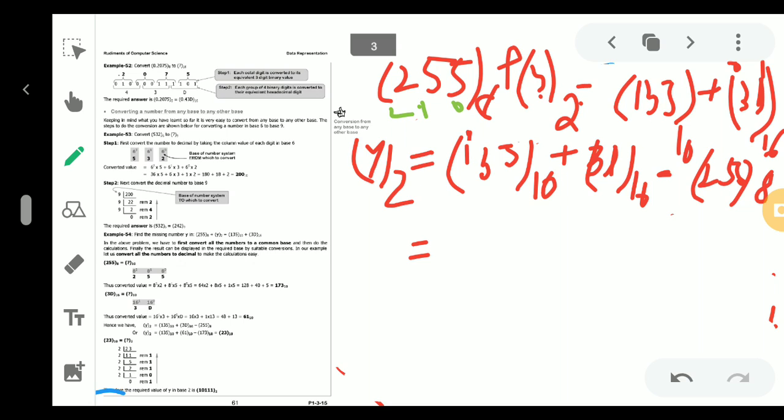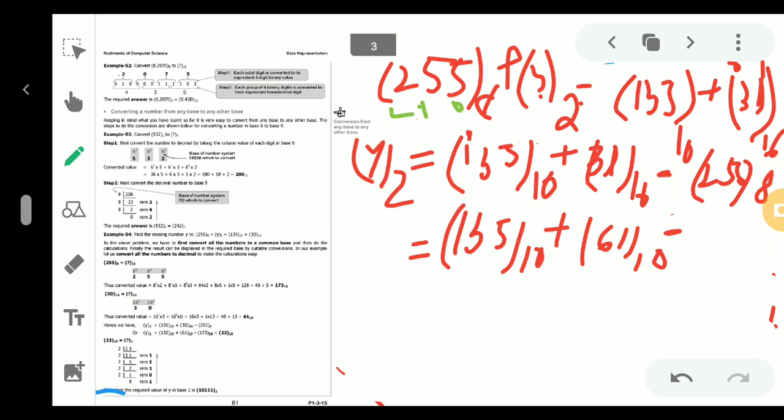So 135 is already in base 10, so we don't have any issues. So we will let it be 135 base 10. And 3D base 16 we have converted. 3D base 16, what is the value? That is 61 base 10 minus 255. This equivalent value is 173.